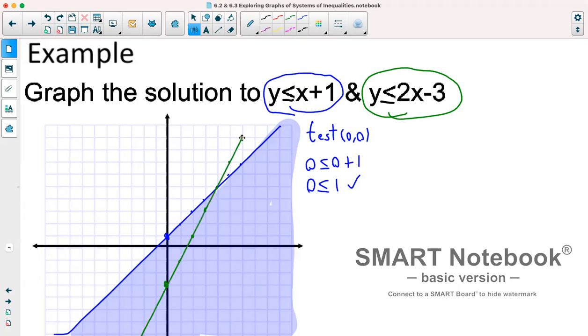If we graph it out, it will look something like that. We'll do our test point. So test 0, 0. So we've got 0 is equal or less than 2 times 0 minus 3. So 0 is equal or less than -3. Now that does not make sense. 0 is not less than -3. So our test point here, 0, 0 is not part of our solution. So we'll shade the opposite side. So we'll shade this side here.